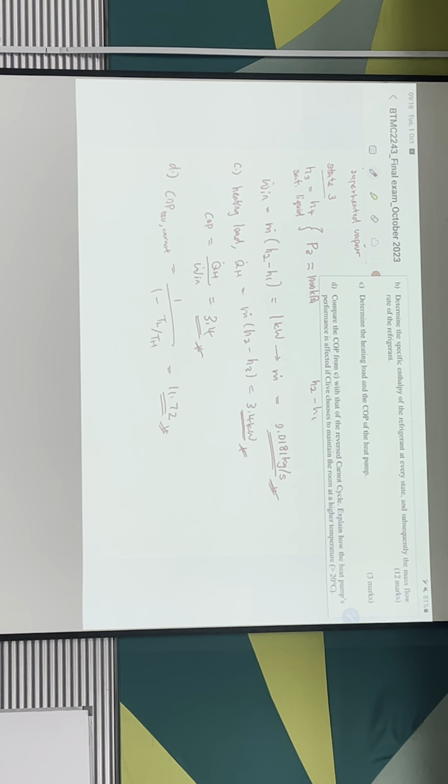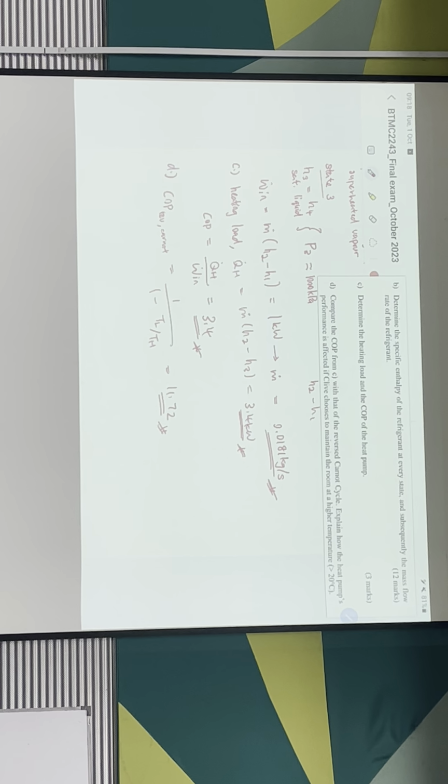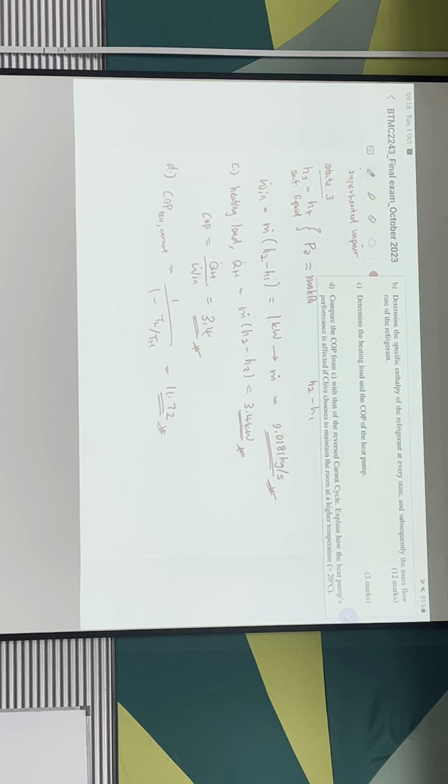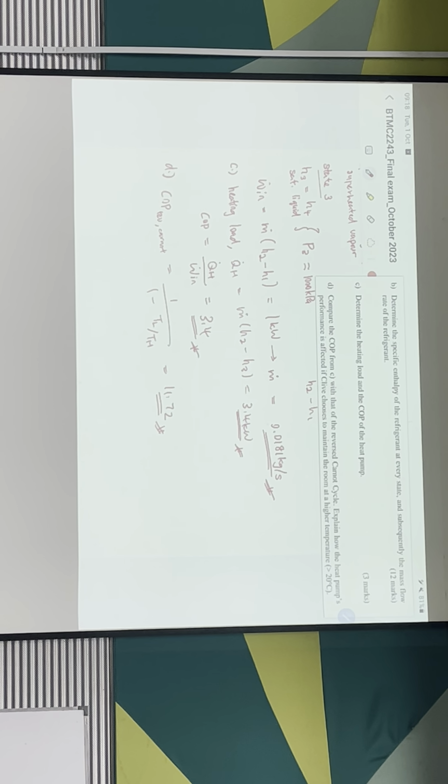Okay, so if you compare those two, then you will obviously see that the reverse Carnot cycle COP is higher than the actual COP that you calculated. So then maybe you can explain a bit. You can use two ways. If you use the actual COP, you can say that the actual COP is lower because the performance is not as high due to irreversibilities.